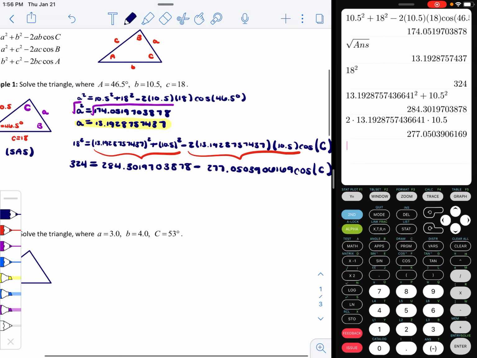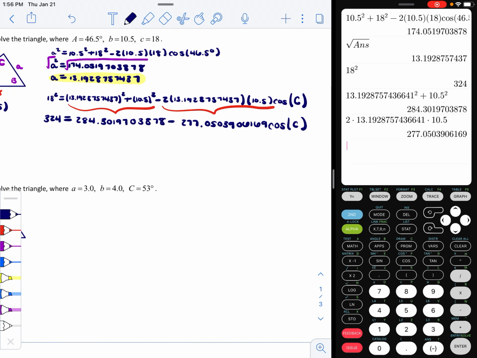Now, if we're still trying to solve for angle C here, we want to isolate this cosine. Again, remember these two pieces are attached. The 277 is attached to that cosine of C by multiplication. So the next thing we want to do is subtract the 284 from the 324.